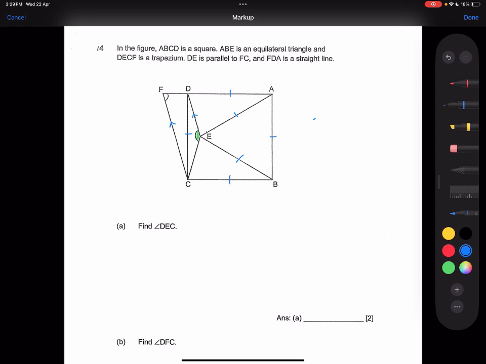Now we know that ABE is an equilateral triangle, so that makes this 60, 60, 60, right?